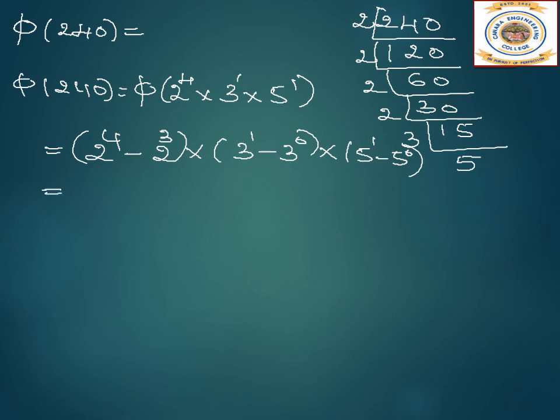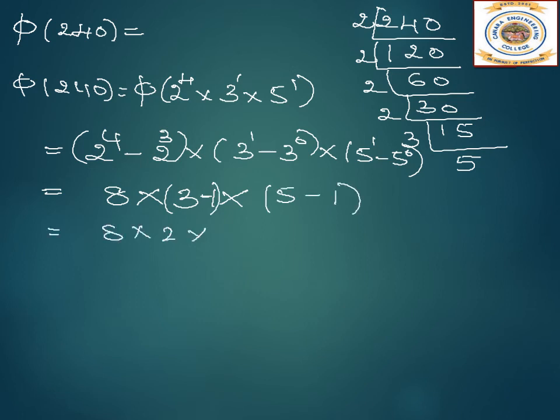So 2 to the power 4 minus 2 to the power 3 will give me 8. Here we'll get 3 to the power 1 is 3 minus 3 to the power 0 is 1, so 2, and here it is 5 to the power 1 minus 1, so 4. So 8 into 2 into 4. So I'll get the answer as 64.